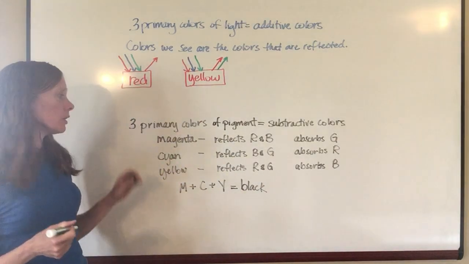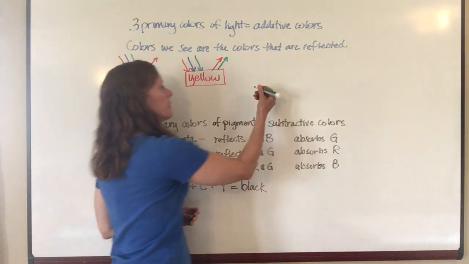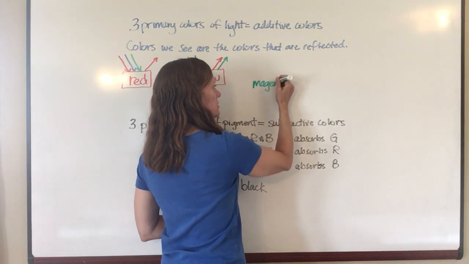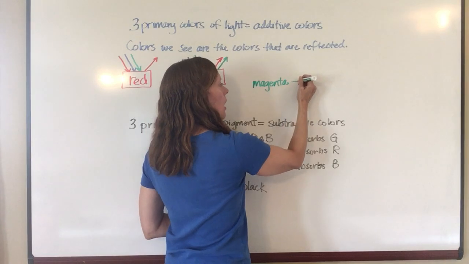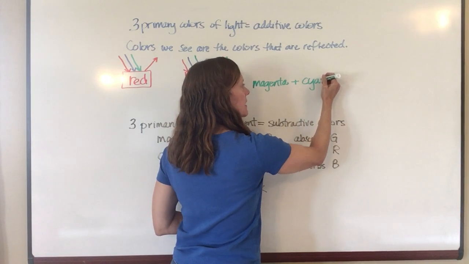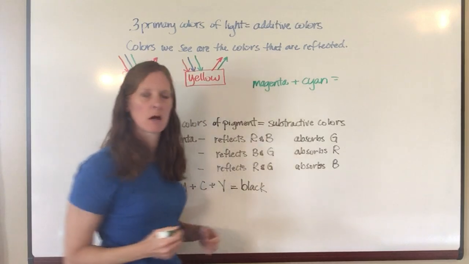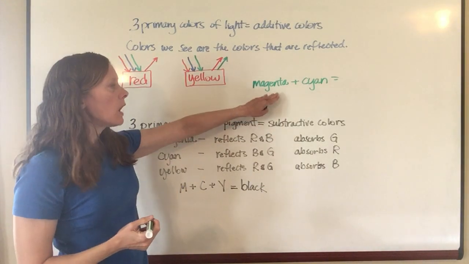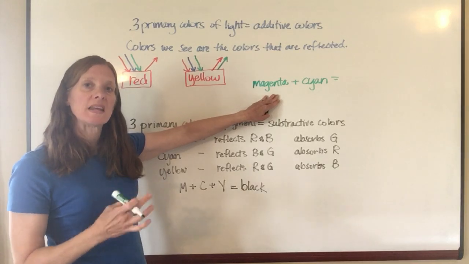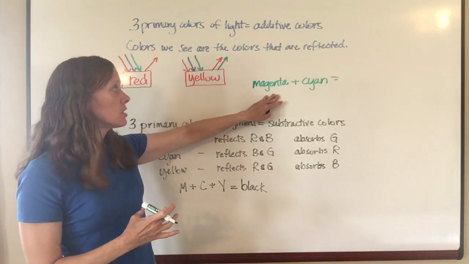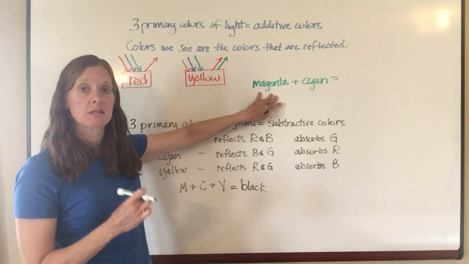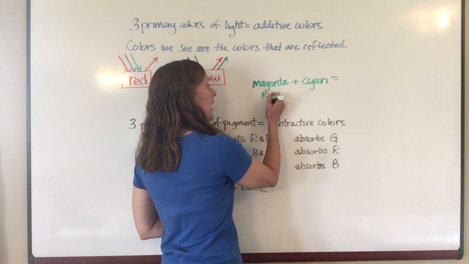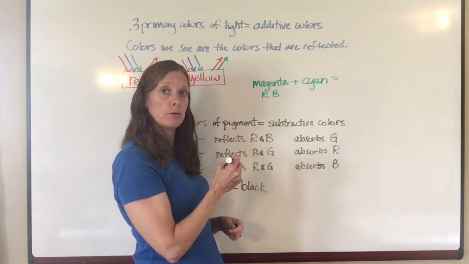So if your printer puts a magenta dot of ink on top of a cyan dot of ink, what are you going to see? Okay, well, think about it in terms of what each color reflects. So magenta reflects what two colors? Magenta is going to reflect red and blue.